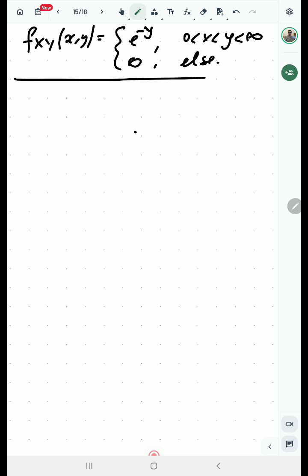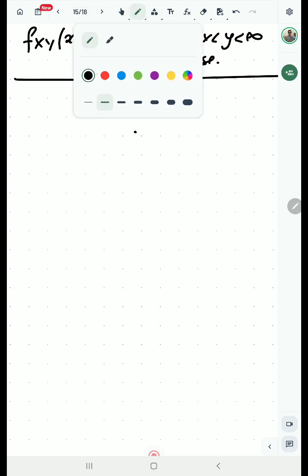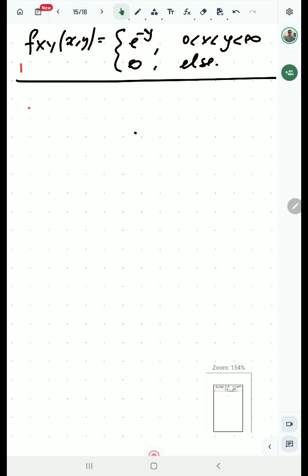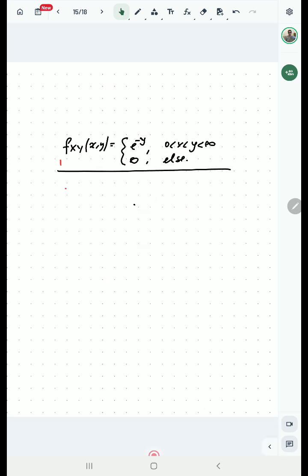To find the moment generating function, so maybe I should write example 7. Just a minute. Wait a minute, please.